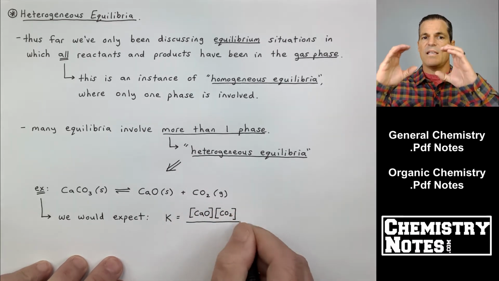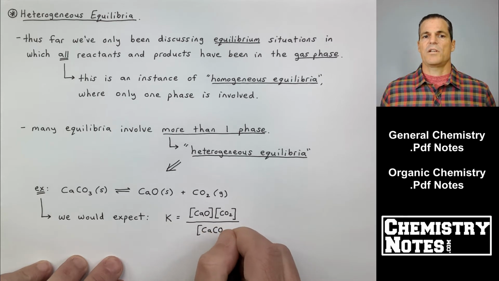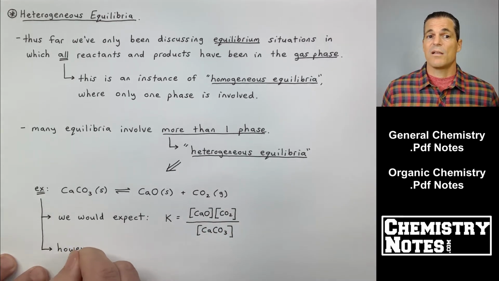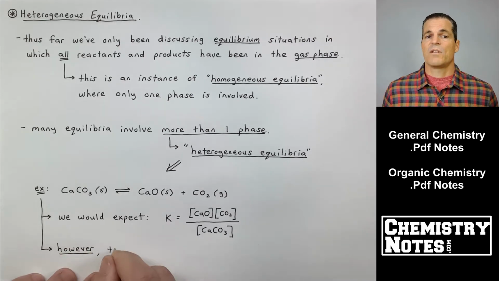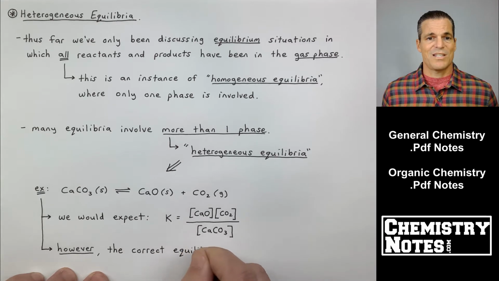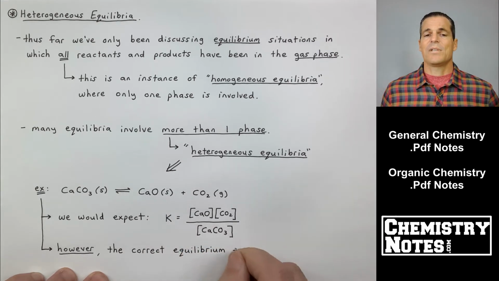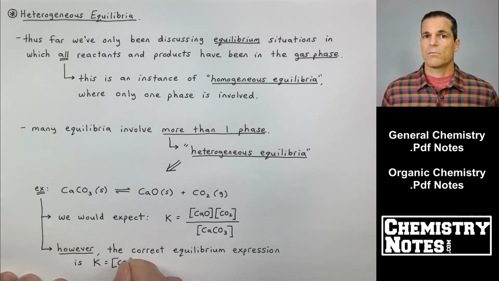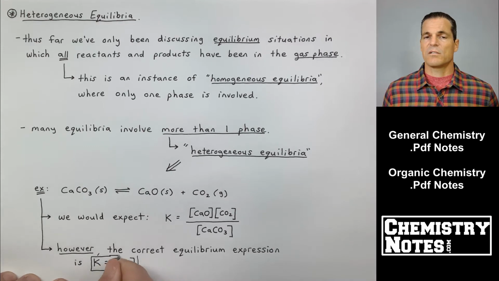We'd expect CaO concentration times concentration of CO2 divided by the concentration of CaCO3. However, that's not what's observed. What we observe, or what the correct equilibrium expression is, is simply K, capital K, our equilibrium constant, equals CO2. And that's it. K equals concentration of CO2.